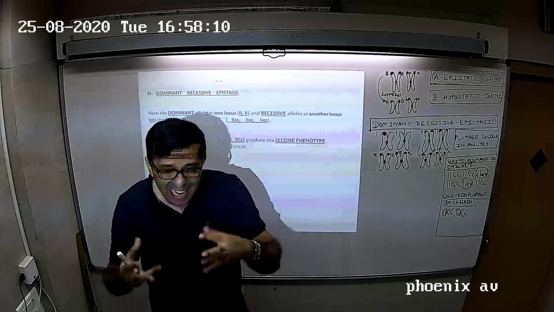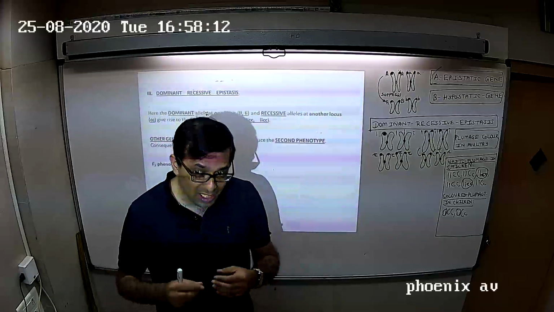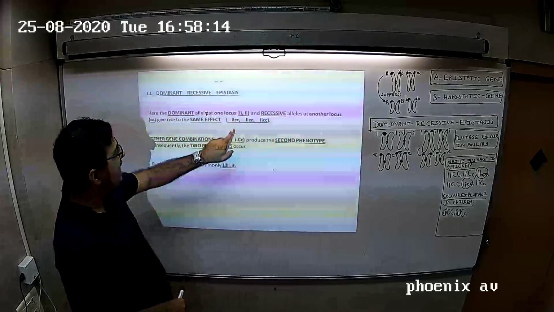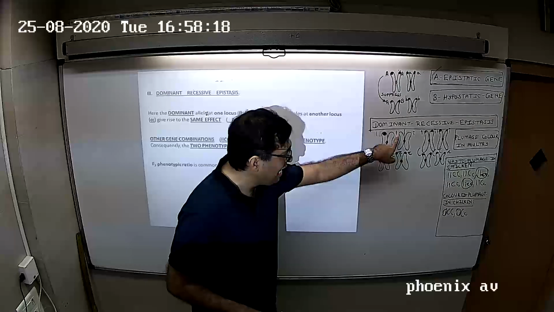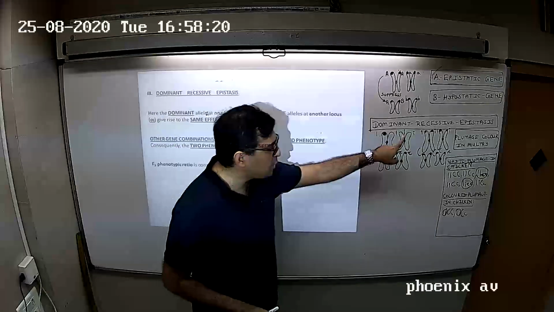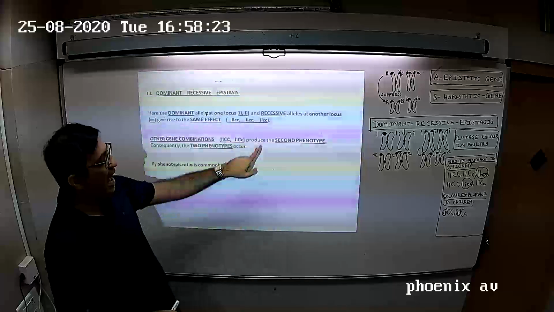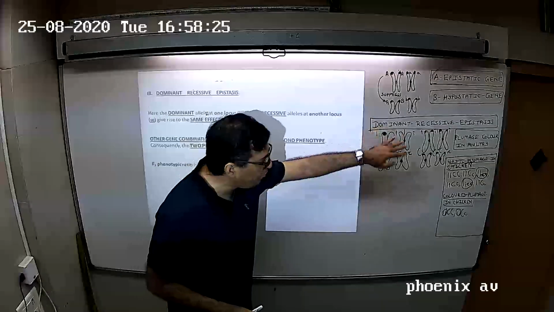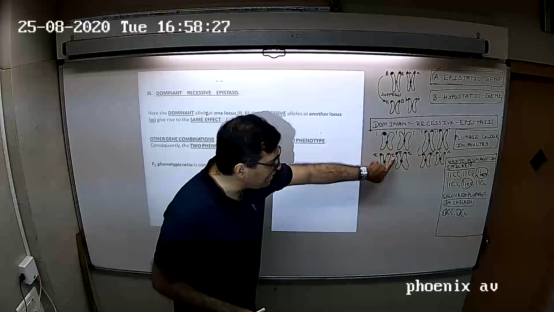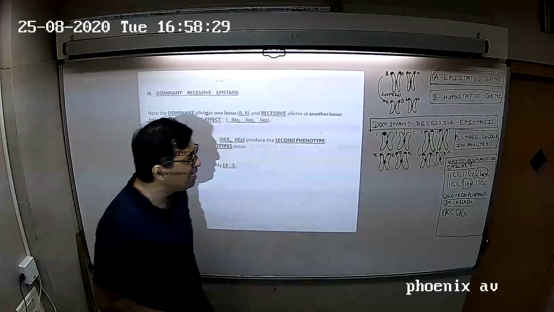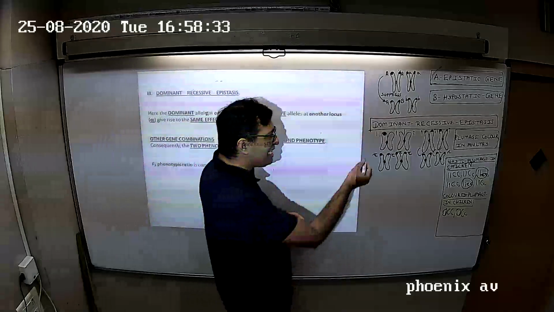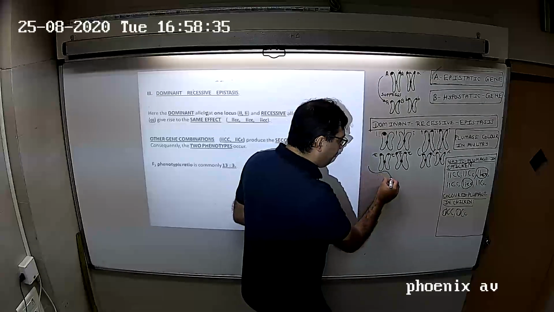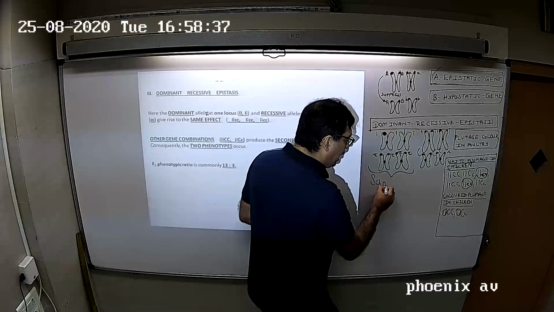But in this kind of gene interaction, check this carefully, that dominant gene capital I or capital I, small i, and recessive genes of another locus, small c, show the same effect. इनका effect same है.